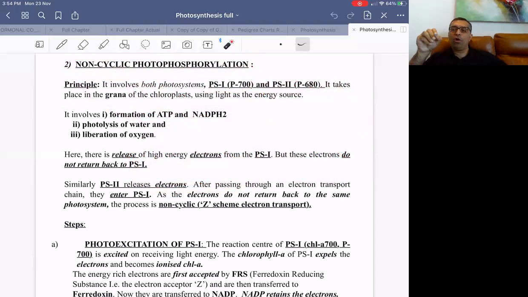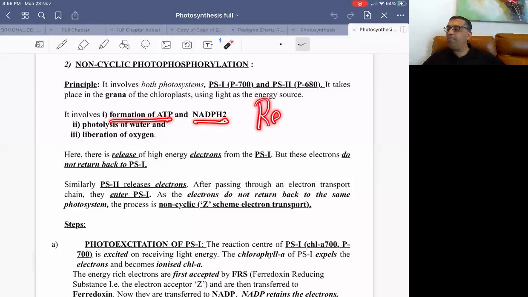In non-cyclic photophosphorylation, 3 चीजें होती हैं. There is formation of ATP, like cyclic, and energy-rich NADPH2. If you remember, respiration में energy-rich NADH2 होता है. Nicotinamide adenine dinucleotide, NAD, in mitochondria. Chloroplast में you have NADP, nicotinamide adenine dinucleotide phosphate.